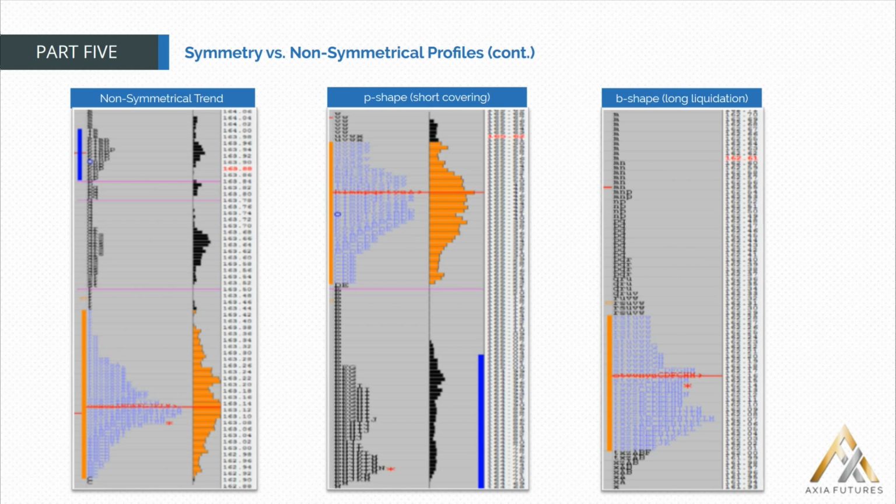This takes prices down to such a point that we run into new, fresh, responsive buyers. When that occurs, we then start to distribute and form two-way trade. It's so important you focus and understand these three basic non-symmetrical shapes, because we're going to talk a lot about these shapes as well as develop unique strategies around these shapes going forward.